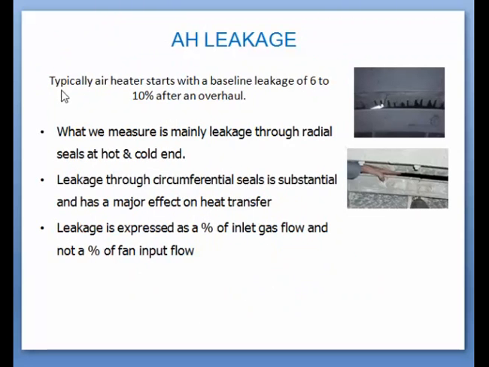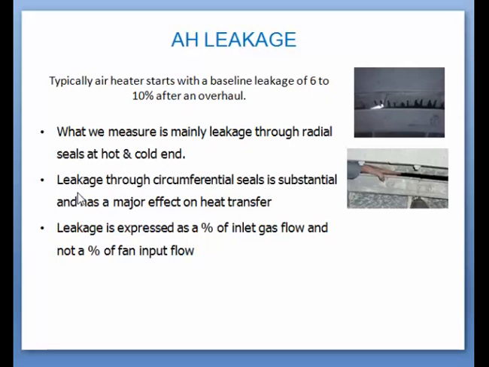So typically an air heater starts with a baseline leakage of 6 to 10% after an overhaul. So after overhauling, the leakage starts with a reference of 6 to 10%. What we are measuring is basically leakage through the radial seals at the hot and cold end.